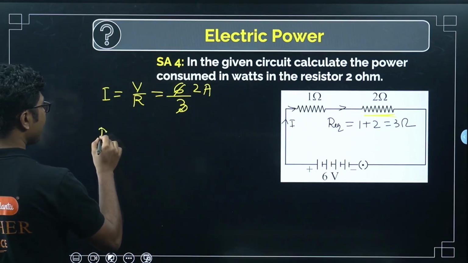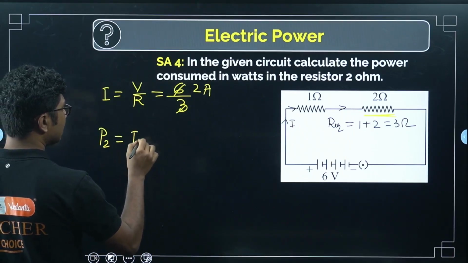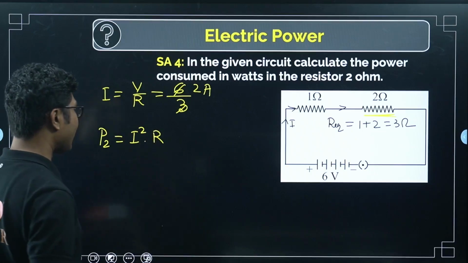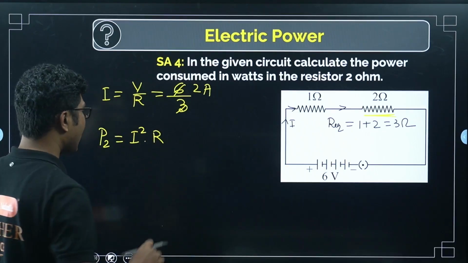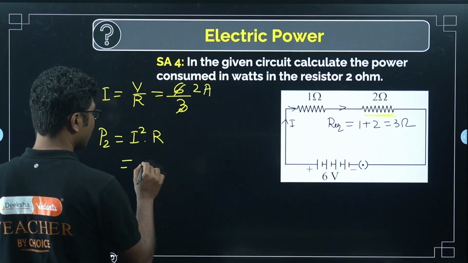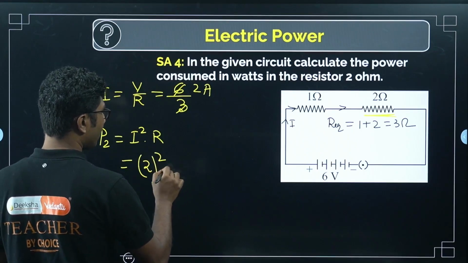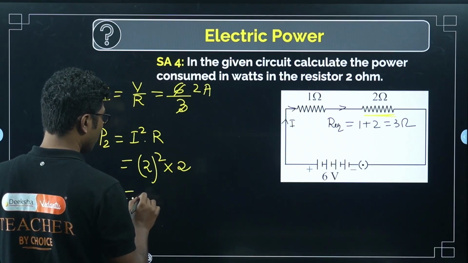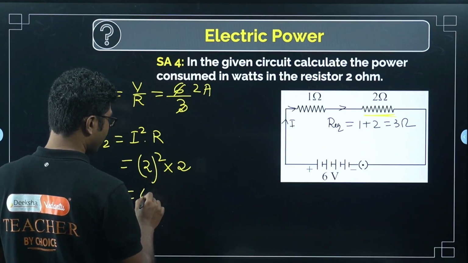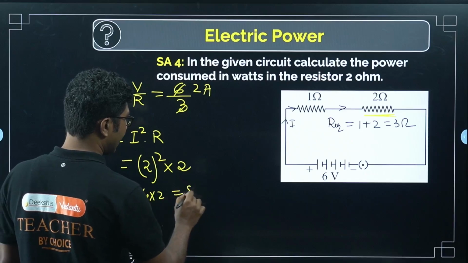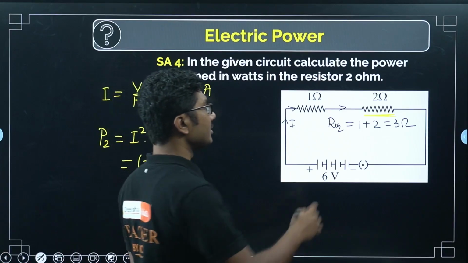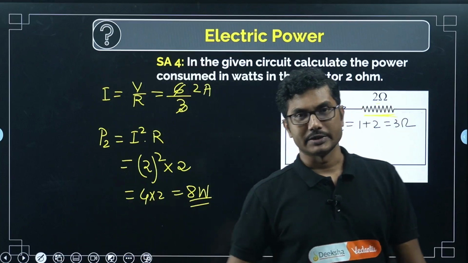So power consumed in 2 ohm is I square R, right? Power is I square R only. You don't use the time t, right? So I is 2 ampere, it is the same for all resistances, and in this case the resistance is 2. So it is 4 times 2, that is 8 watts. So 8 watt power is consumed in this 2 ohm resistance.